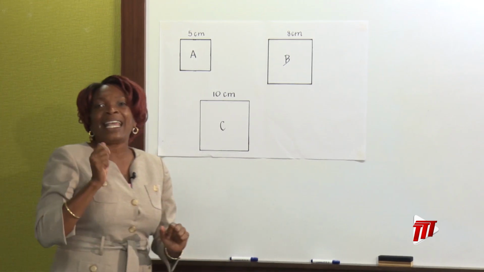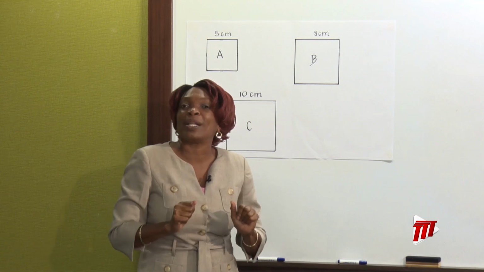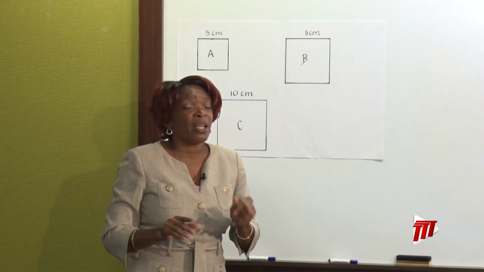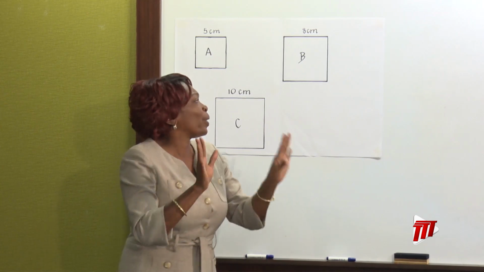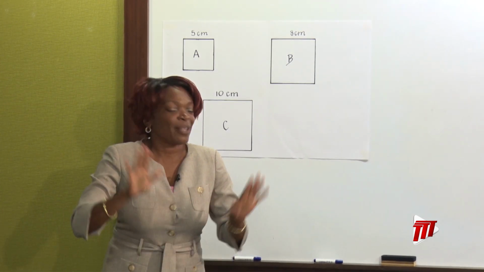Excellent, children, excellent. So that if I know the length of one side, can I get the perimeter? I think so. I know that by the time I go on this board, some of you would have already worked out the perimeters of all 3 squares. No problem.